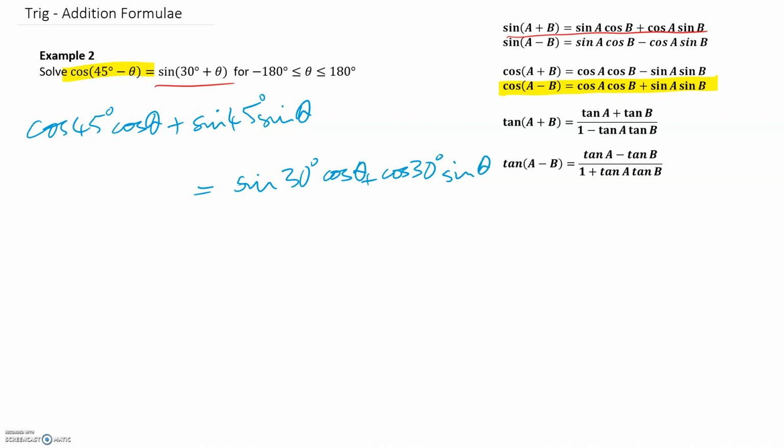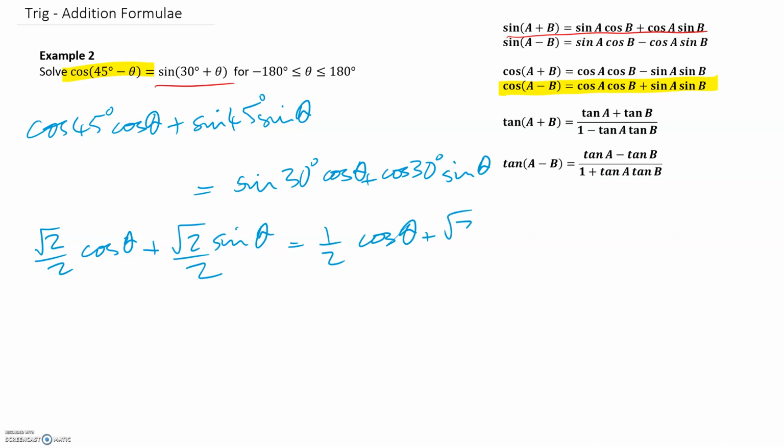And now any time you see a cos with a number there, you can just type that into your calculator. Make sure you're in degrees mode. So typing all this into your calculator, you should get root 2 over 2 cos theta plus root 2 over 2 sine theta equals a half cos theta plus root 3 over 2 sine theta.